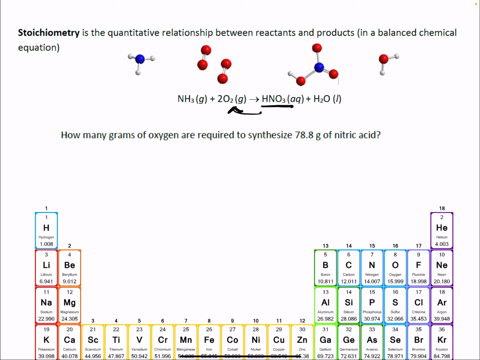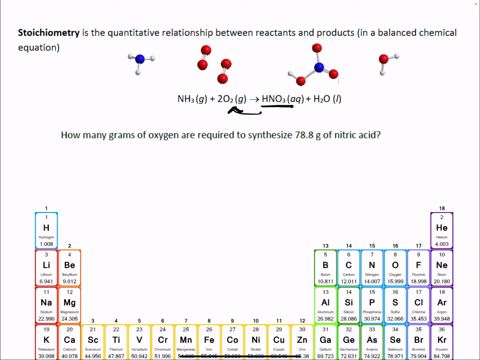Times, and what's the relationship between moles of nitric acid and moles of O2? Aha, it's 2 to 1. So 2 moles of O2 equals that. All right, 1 mole of oxygen, I want to get the mass of oxygen, equals 32.00 grams of O2.